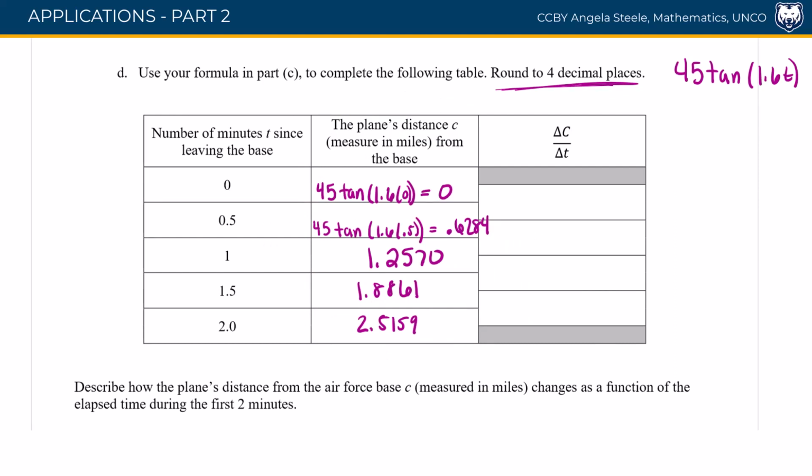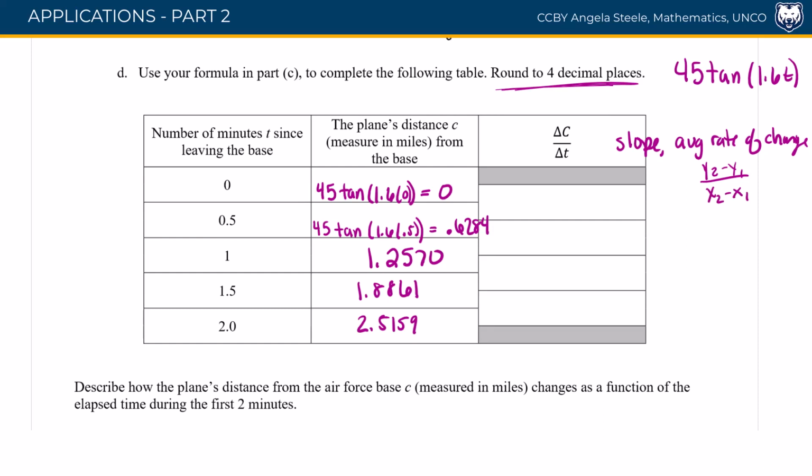And now what we want to do is find the change in C over the change in t. So this right here is really just your slope. It's also known as the average rate of change. Right, so that idea is that it's really just the change in y over the change in x. So you might be familiar with it as y2 minus y1 over x2 minus x1.